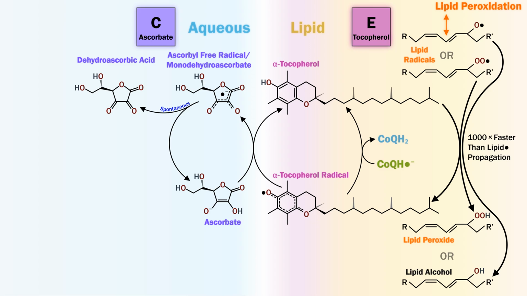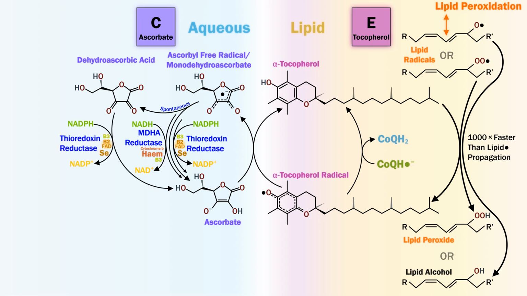The body has multiple other mechanisms to reduce the ascorbyl radical, such as MDHA reductase, which uses NADH and iron in the form of a heme group as cofactors. Another is the broadly reactive thioredoxin reductase, which uses NADPH, FAD, and selenium.